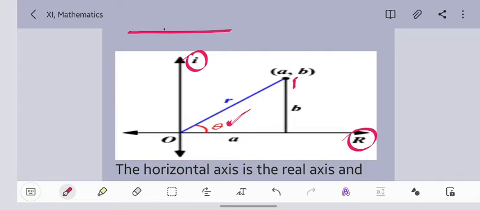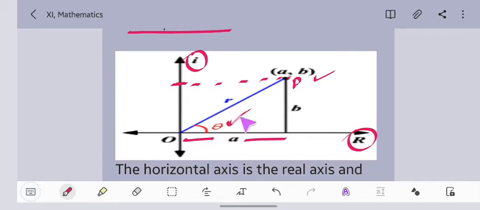And the position point P here is represented as (a, b). So a and b mean what? a is the distance from the origin till this point, and b is the y-axis distance from the origin. So point P is (a, b).